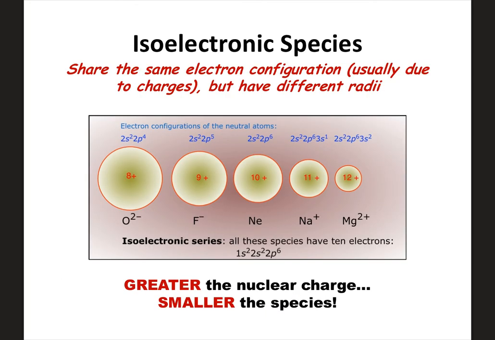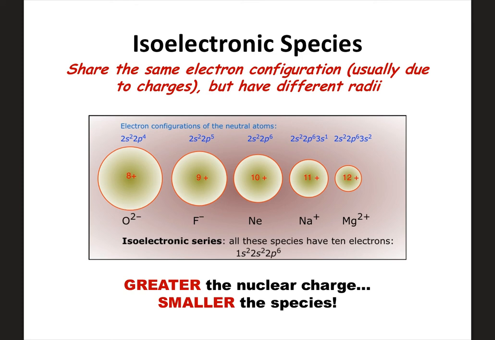Another new term that we have to worry about here for AP is isoelectronic species. Basically, anytime you have two elements that have the same electron configuration, remember this would be due to charges, because electrons can be lost or gained to be like that noble gas configuration. Anytime you have two elements that have the same electron configuration, but their radii or sizes are different, we call them isoelectronic species.